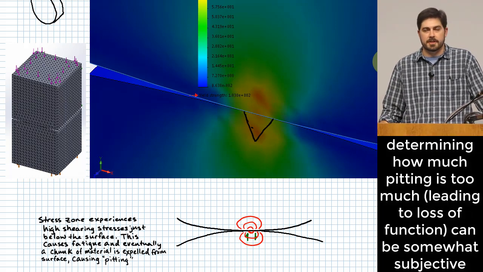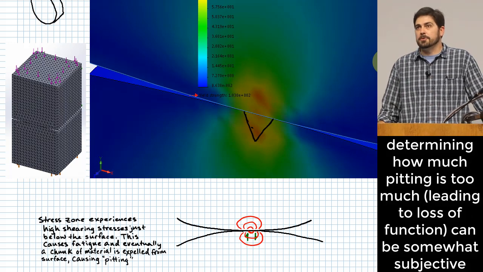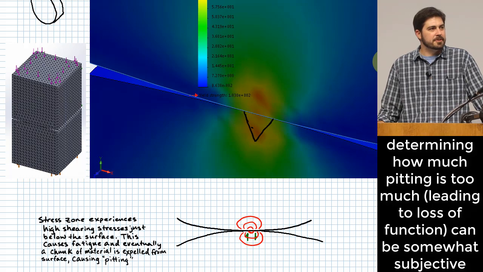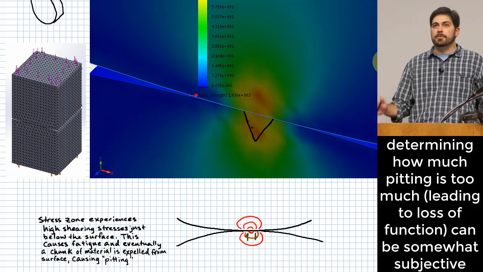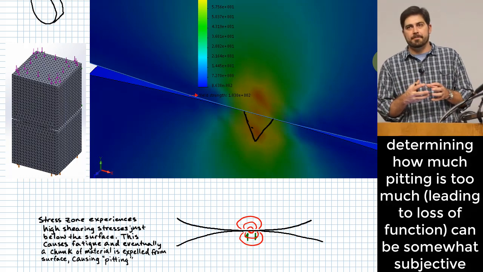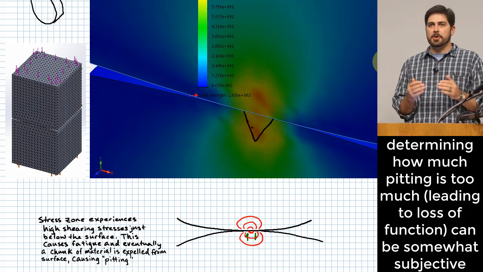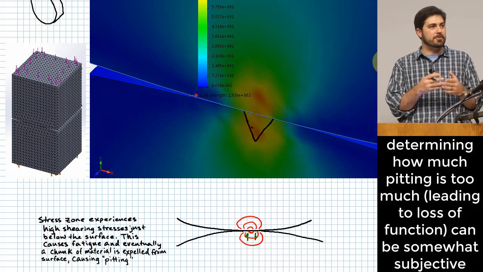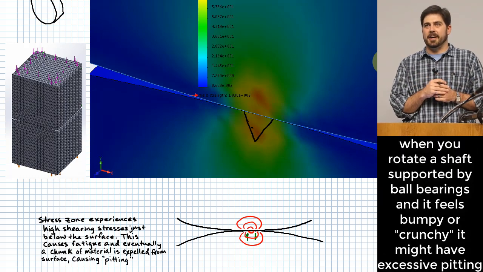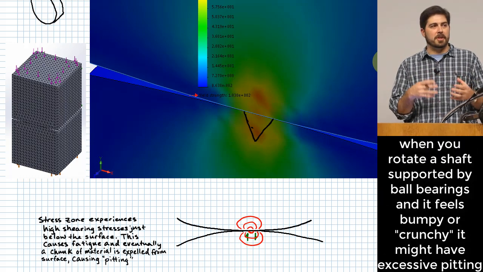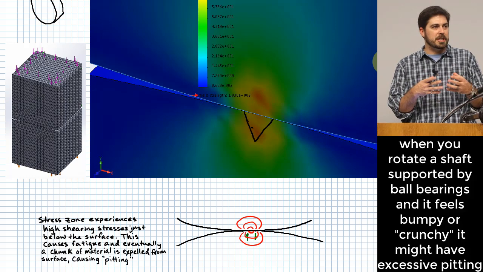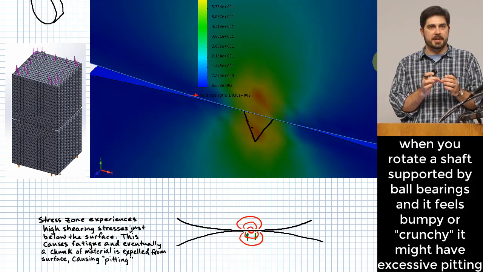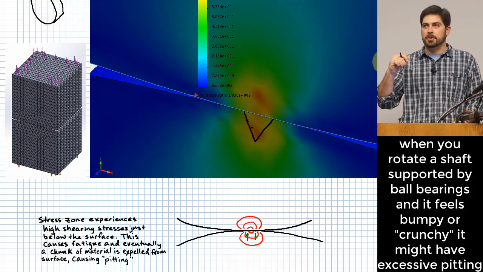For most parts that pitting might occur, having a few little bits of material that come out is not really that big a deal. But let me ask you, have you ever felt something that had ball bearings in it, and even though, you know, maybe you kept it completely clean where you didn't think any dirt would have gotten into the bearings, yet after a certain amount of life of the machine, or whatever it is that has those bearings in it, the shaft starts to feel rough.